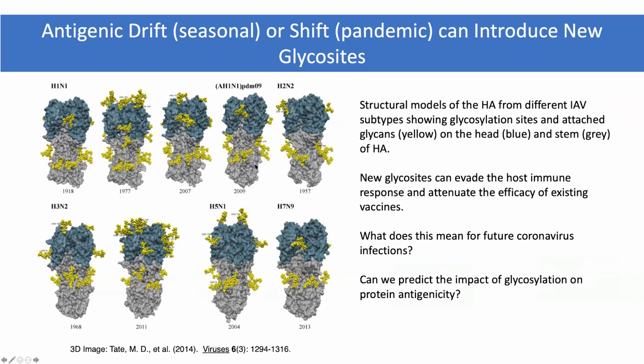And when you do this, you're changing the parts of the protein that are shielded by sugars from antibodies. And this means we've got a question. Can we predict the impact of glycosylation on protein antigenicity in anticipation of antigenic drift or shift? Right? Because if we're always working after the fact, then we can't do anything to anticipate creation of a vaccine.